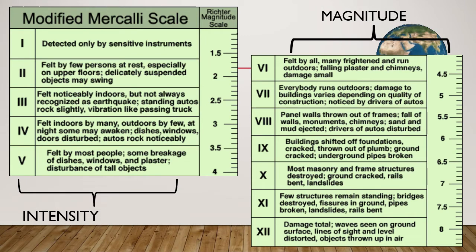Intensity number 1 is 0 to 1.6 on the magnitude scale. Intensity 2 is 1.6 to 2.2. Intensity 3 is 2.2 to 2.8. Intensity 4 is 2.8 until 3.5 for the magnitude scale, and so on and so forth.